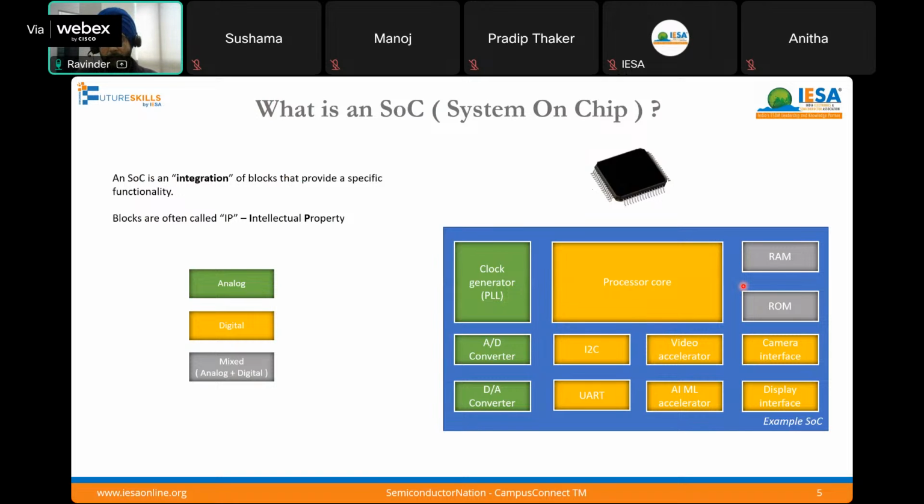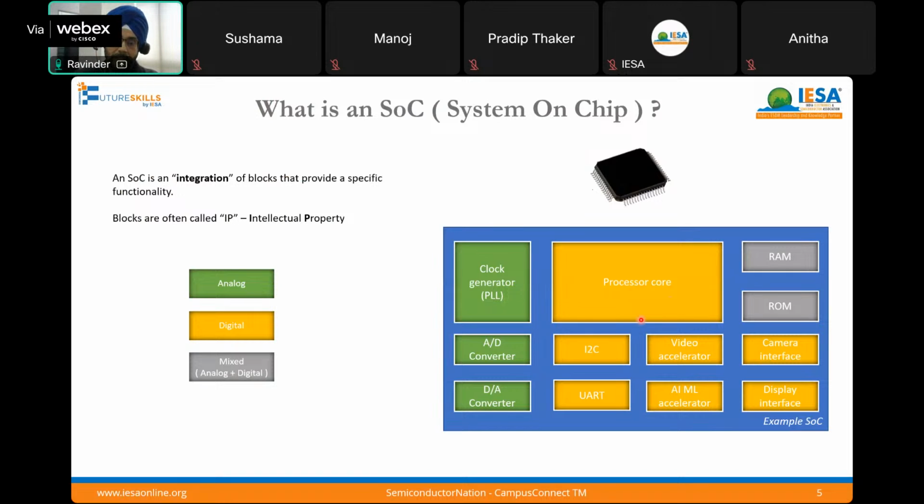So this diagram is, as I said, very simplified, but it could range from a simple IC with just a few IPs to a very complex IC, depending upon the target application. It could have multiple processor cores, of the order of 16, even 32 cores, or IPs going into orders of 80 to 90 IPs for a complex network processor, for example.